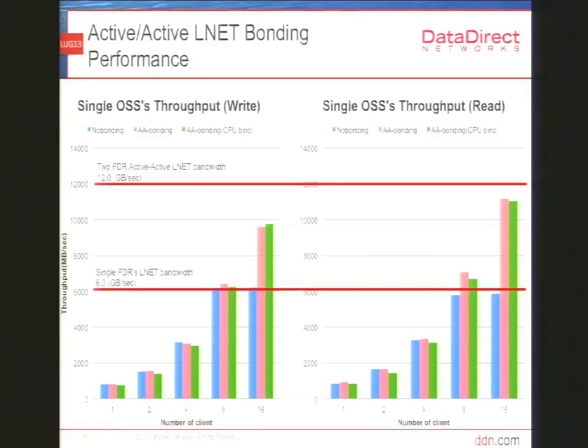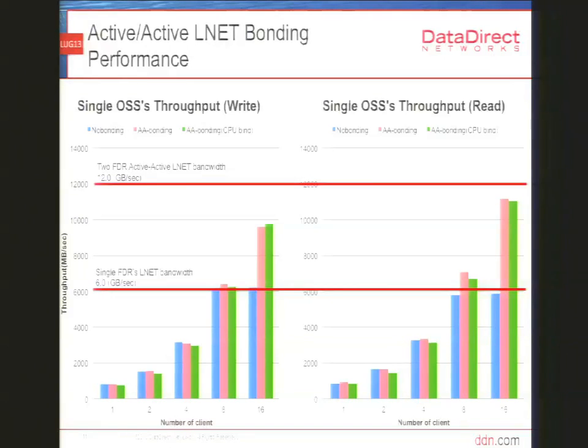This is the benchmark number. This is the single OSS throughput number for write and read. There are three configurations. One is the no-bonding configuration, which is the light blue color. Then the active bonding configuration without CPU binding, which is the light red color. Then finally we also tested the active configuration with CPU binding, the green bar.